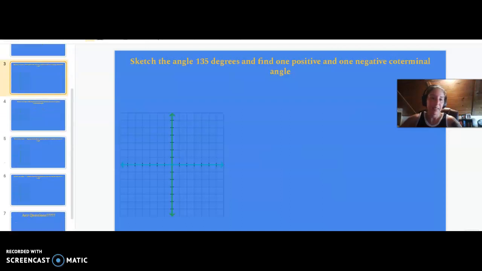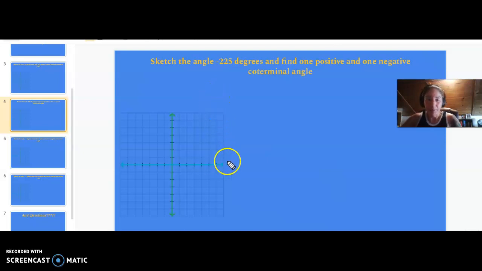So let's see another example. Let's start in yellow again. Sketch the angle negative 225. That's 0. If we're going negative 225, this means we're going clockwise, this direction. Negative 90 degrees would be here. If I keep going, this would be negative 180, and then negative 270.